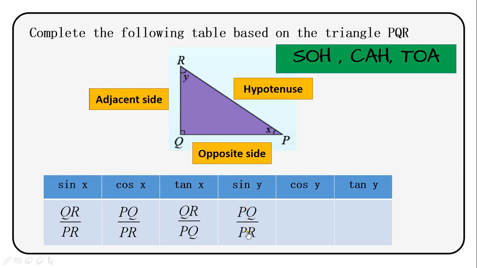So PQ over PR. For cos y, adjacent over hypotenuse, adjacent QR, hypotenuse PR. So QR over PR. For tangent y, opposite over adjacent, opposite PQ, adjacent QR. So PQ over QR.